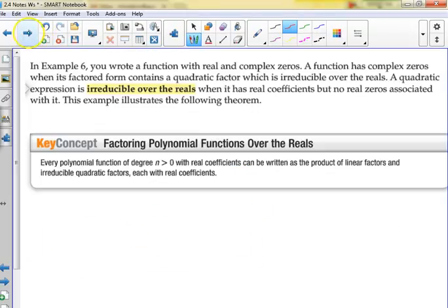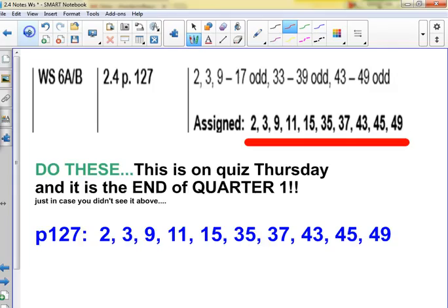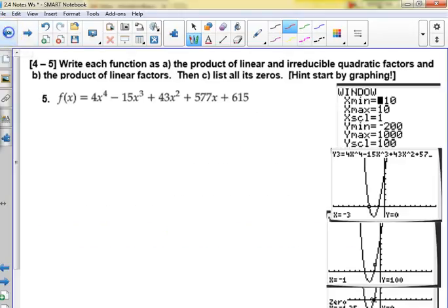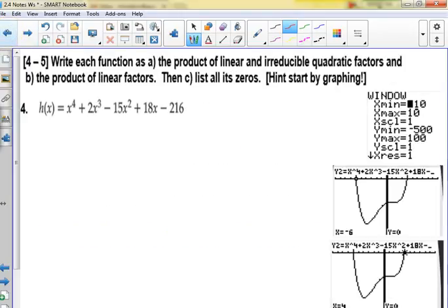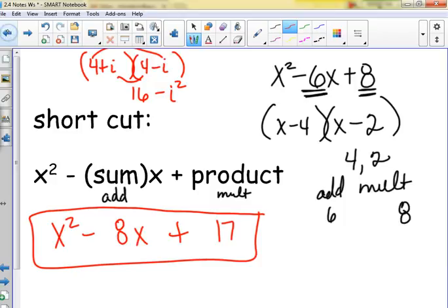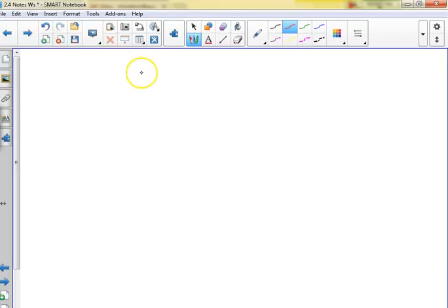Is there another example for us? We got time. Let's do a quick one. What if the zeros were 7, negative 3, and 4 plus i? Okay, write the factors. Guys, this means what's a factor?